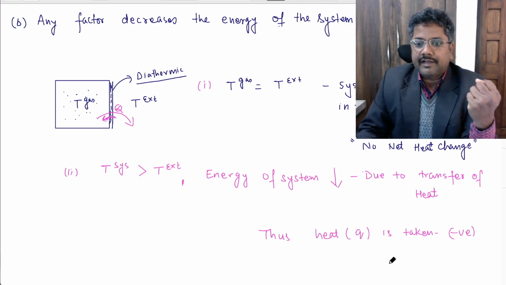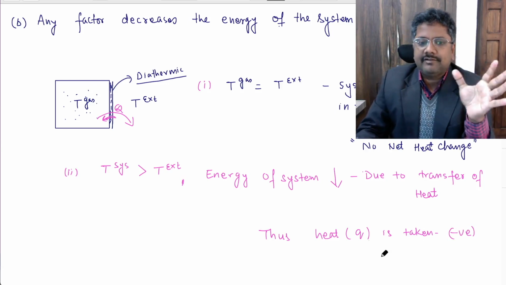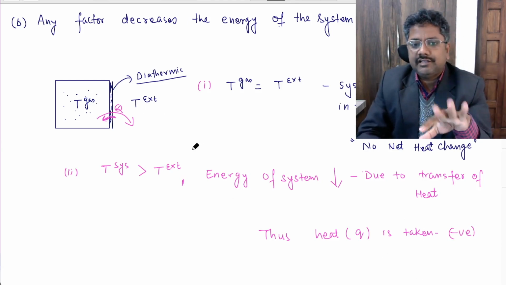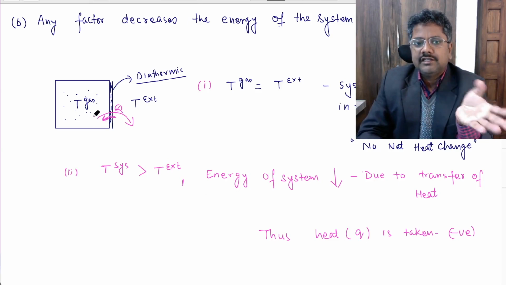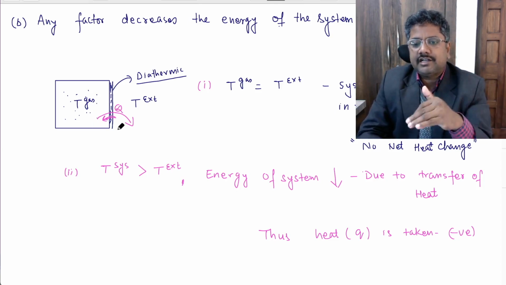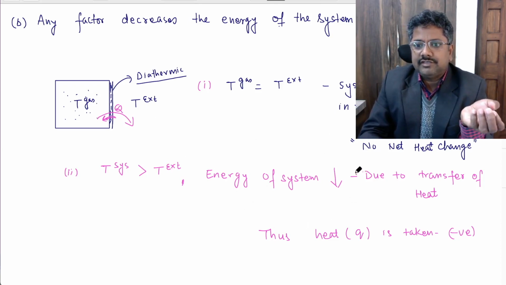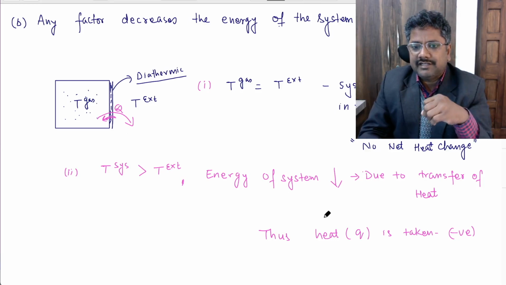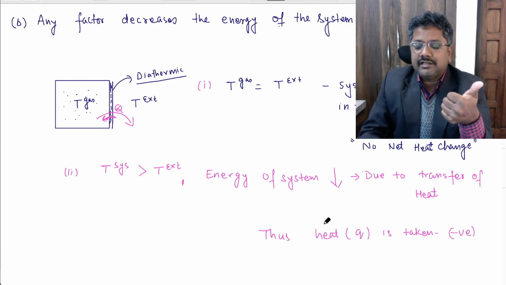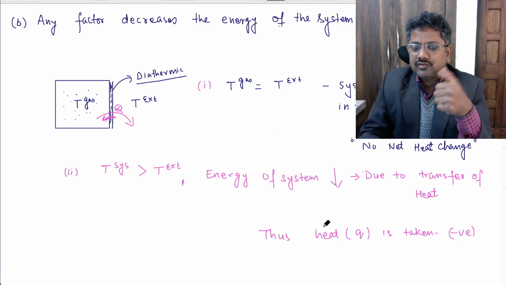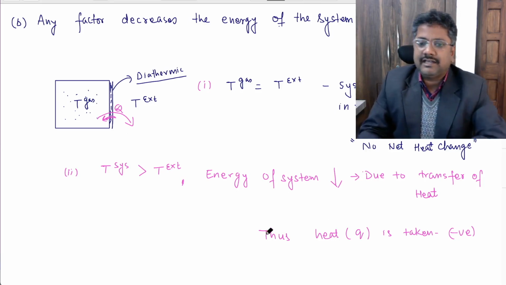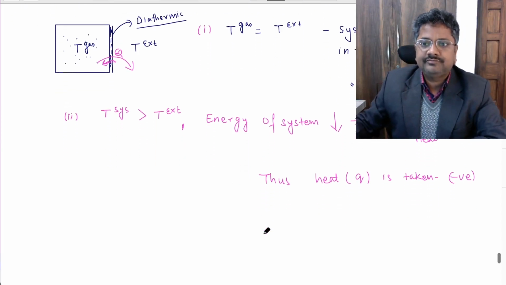Hopefully all of you are getting this point. So whenever T system is greater than T surrounding, there is a net heat transfer from system to surrounding, as a result of which the energy of the system decreases, and that factor is considered negative. So you have to take heat as negative, right?